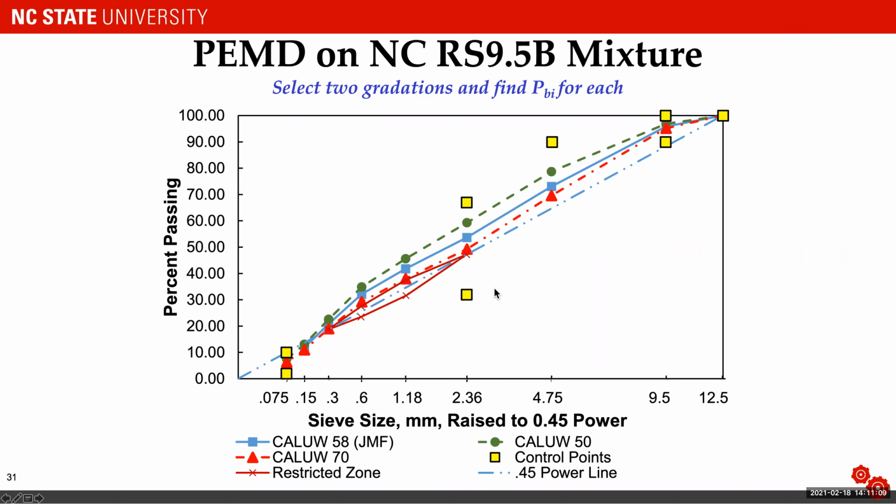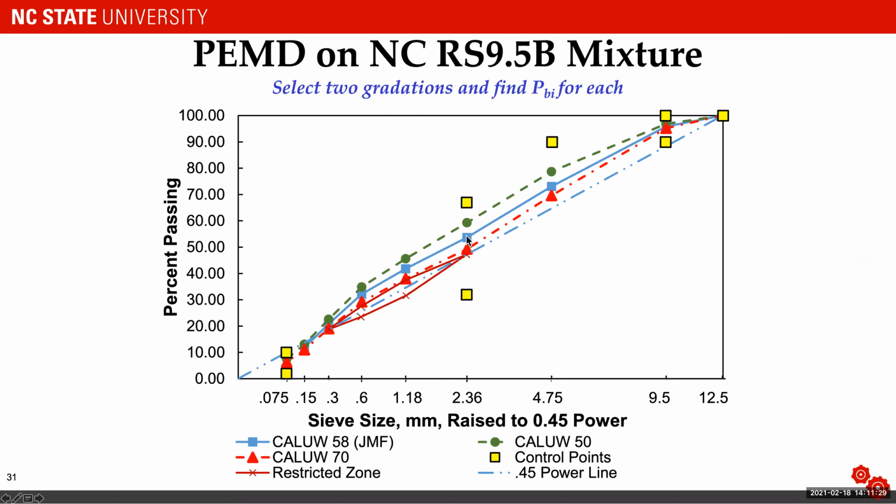We haven't tried, and I doubt it. I don't think you can go from fine to coarse. But within fine, within coarse, I think we can, because this is the widest gradation variation that we can have within the Bailey method.